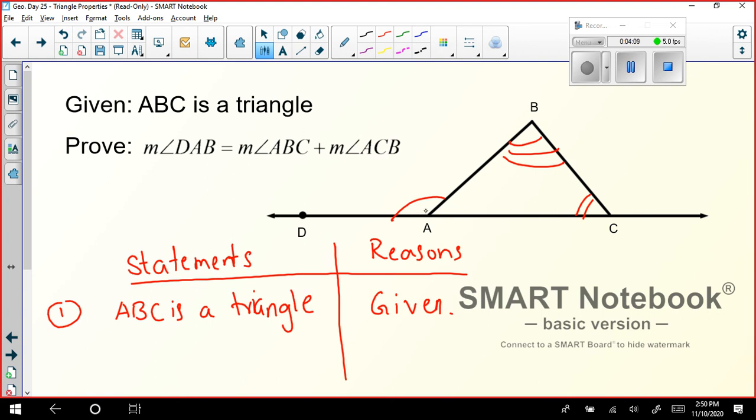Angle DAB and angle BAC are a linear pair. So I can say this as the second step. Using the linear pair postulate, I can say measure of angle DAB plus measure of angle BAC equals 180 degrees. That's by the linear pair postulate.